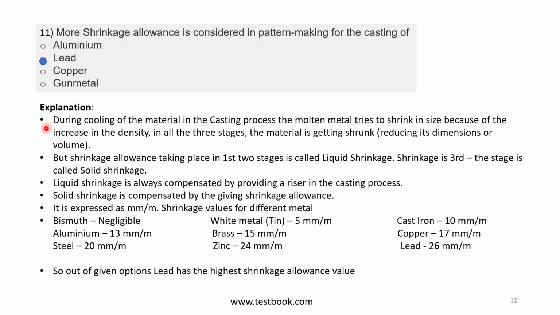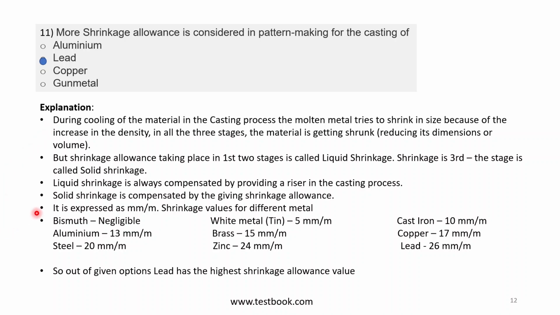The shrinkage values for different metals are given here. In the case of bismuth there is negligible shrinkage, and in the case of white metal tin there is very little shrinkage, 5 mm per meter, and in cast iron 10 mm per meter. What this unit suggests is that you have to take 10 mm of extra size in the pattern compared to the final casting size.